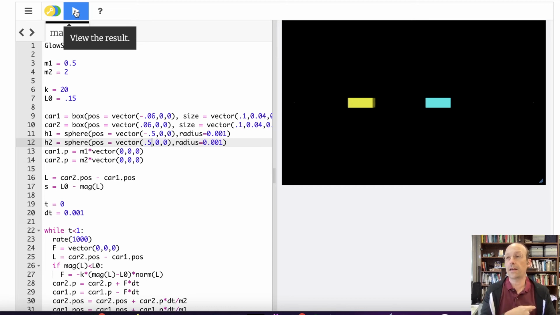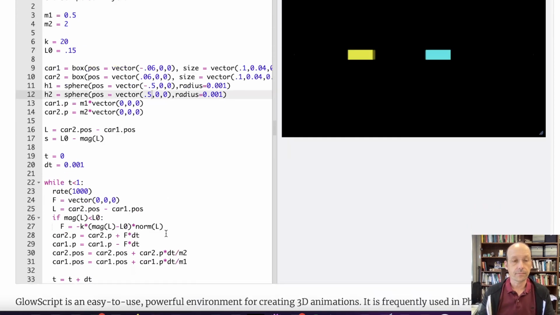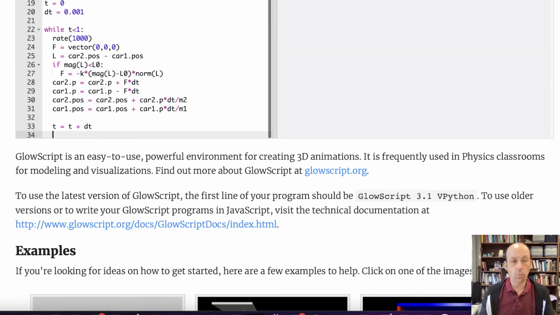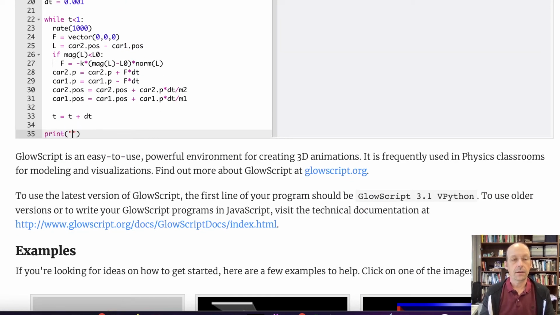Okay, so clearly the yellow one's moving more. It seems like it's working. Now all we have to do is print out the velocities, and then calculate the velocities. Okay, so number one, I'm going to print v1 equals the magnitude of car1.p divided by m1, and that will be in meters per second.